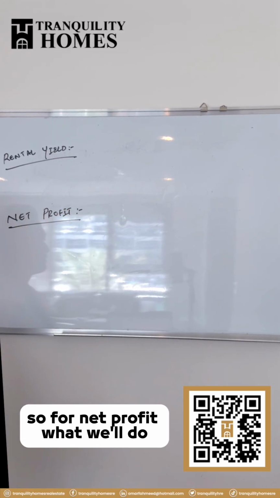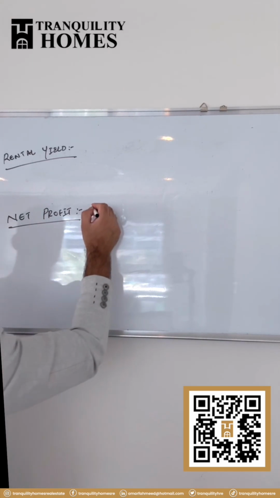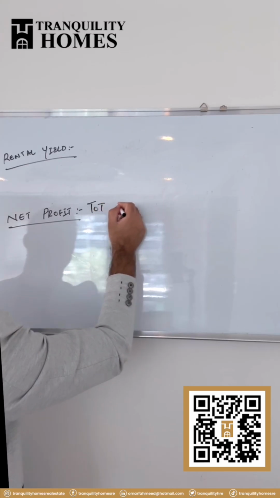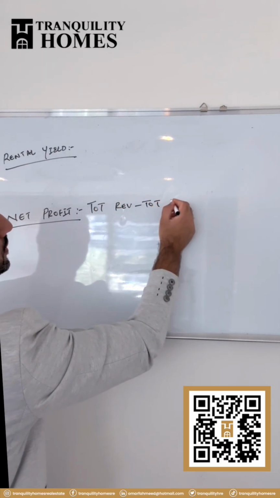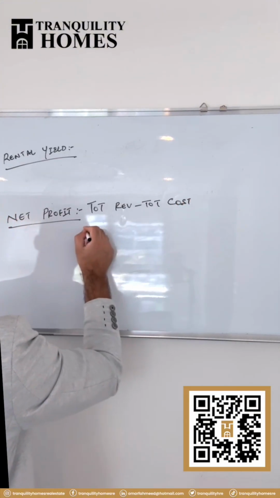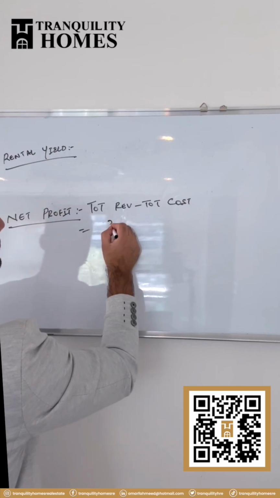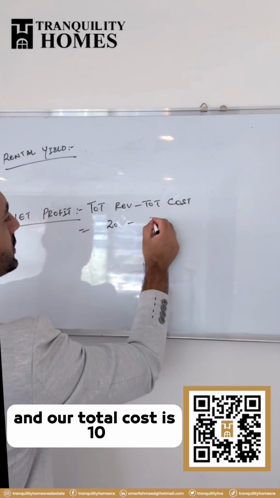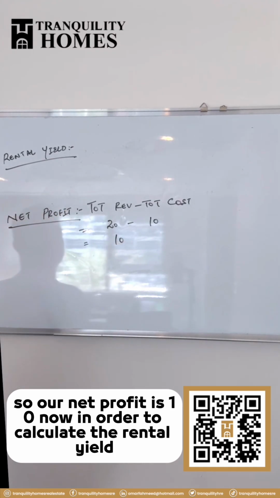For net profit, we'll subtract total cost from total revenue. Let's say our total revenue is 20 and our total cost is 10. So our net profit is 10.